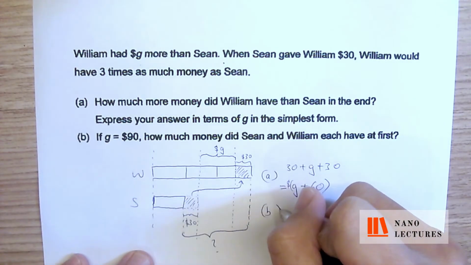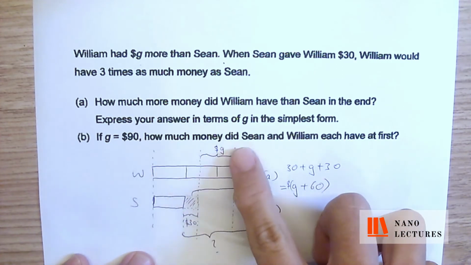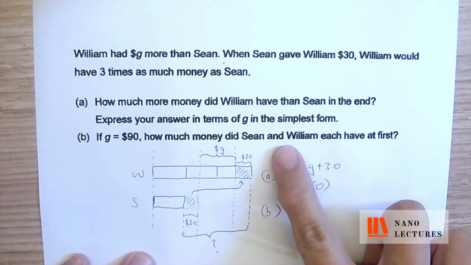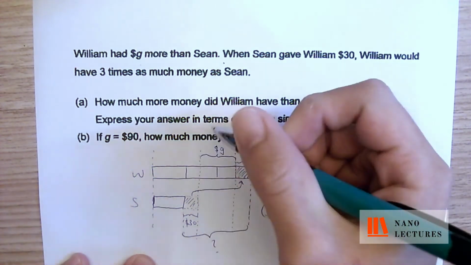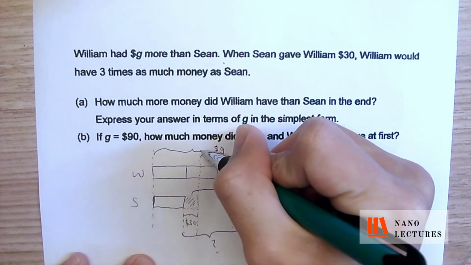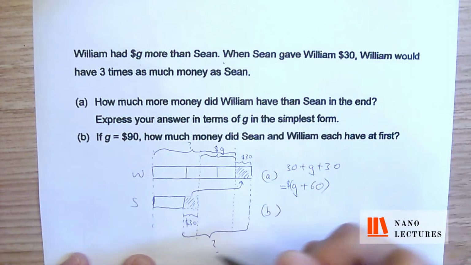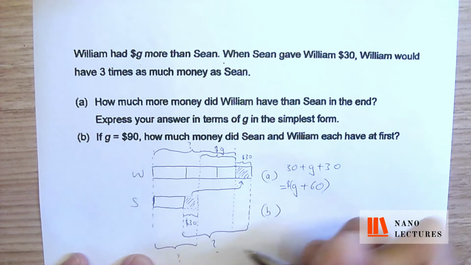Then they said that if G is now $90, how much money did Sean and William each have at first? Each have at first, right? Now this is the beginning. The beginning of William will be this entire thing, question mark, and this entire thing, question mark.